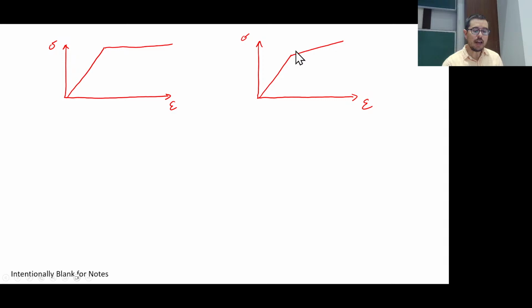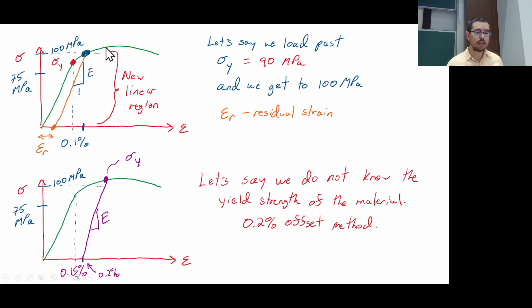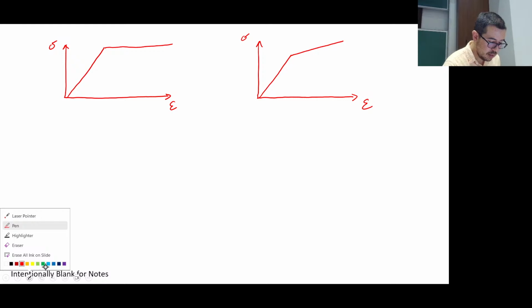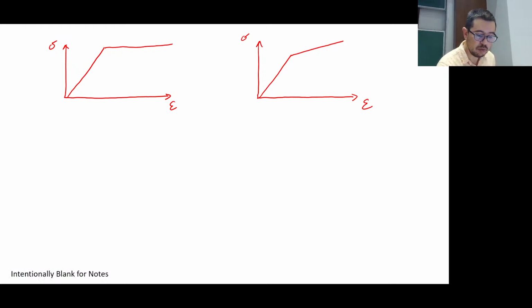You see how this looks like that plastic region? That was going up like this, coming up, at least until the ultimate. You also know that if I go up this curve, I can go back down and I go right back to 0, as long as I am less than the yield strength of the material.